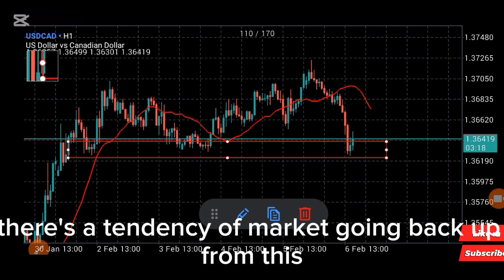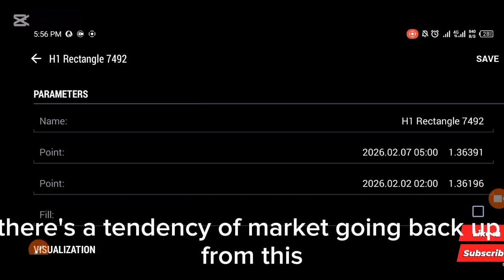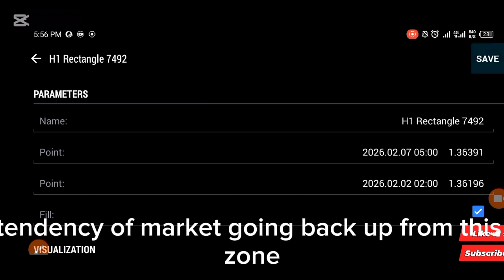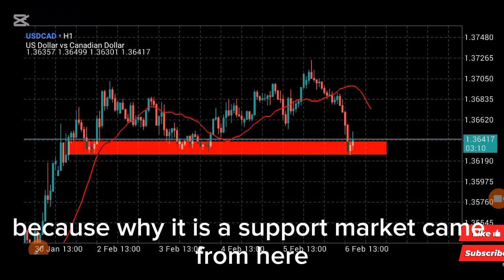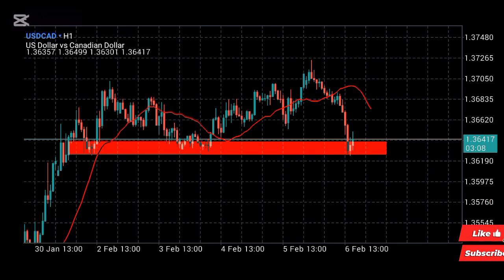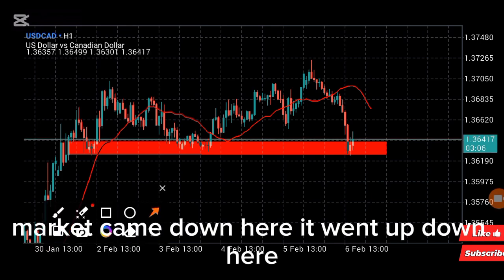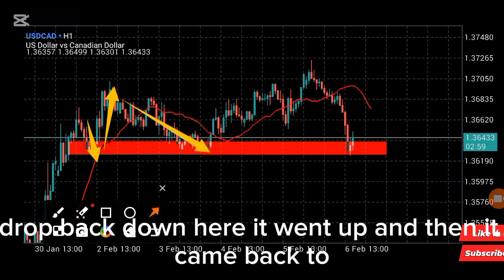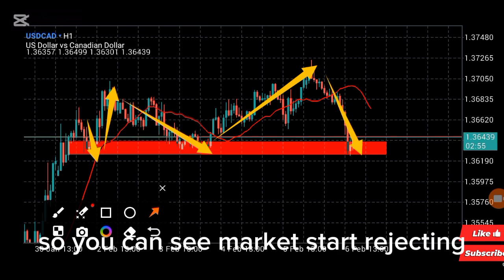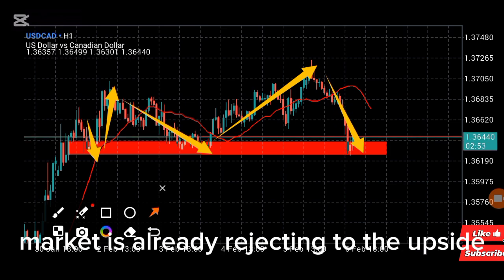There's a tendency of the market going back up from this zone, because why? It is a support. The market came down here, went up, down here, went up, dropped back down here, went up, and then it came back to this support again.